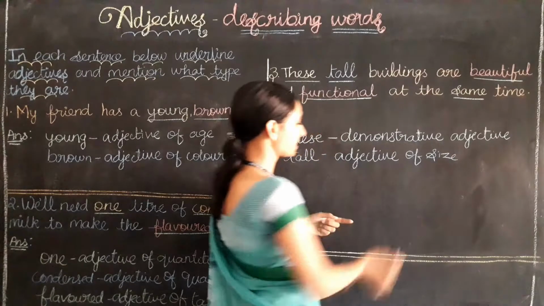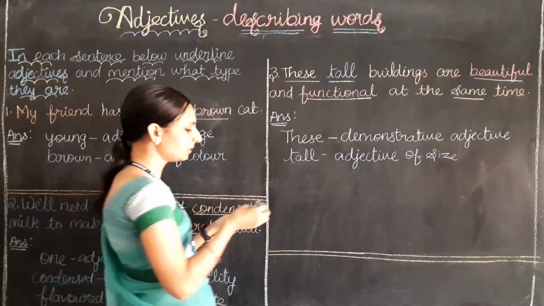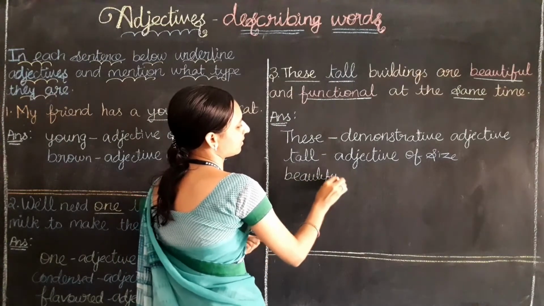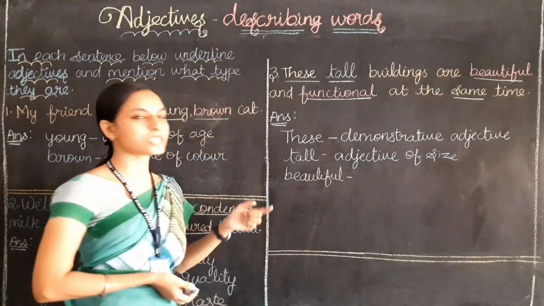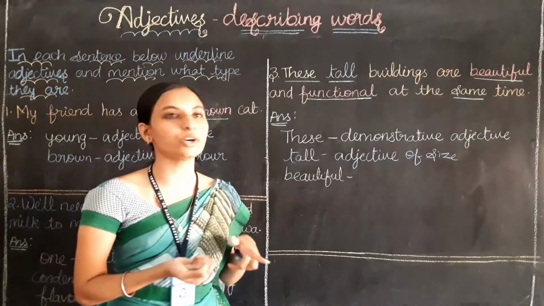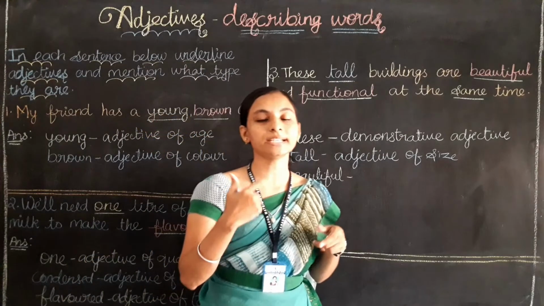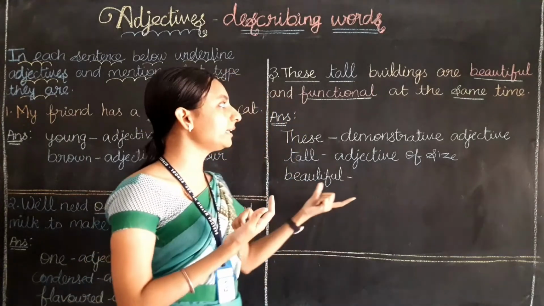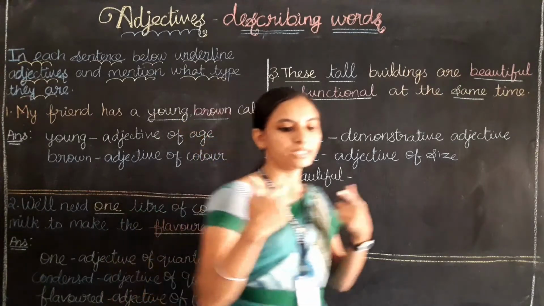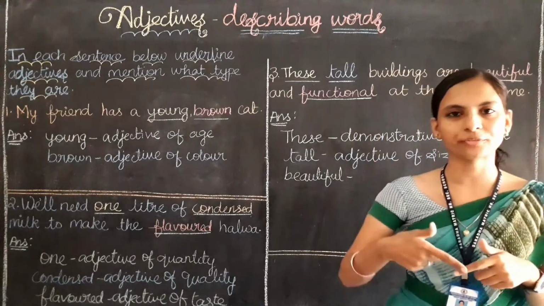Adjective of size. Okay, what is the next word I have underlined? Yes, beautiful. Beautiful means it talks about the beauty of the building only, right? Then which kind of adjective is it? Can you guess and tell me whether it is quantity, quality, taste, color, size, or shape? Yes, it talks about the quality of the building.